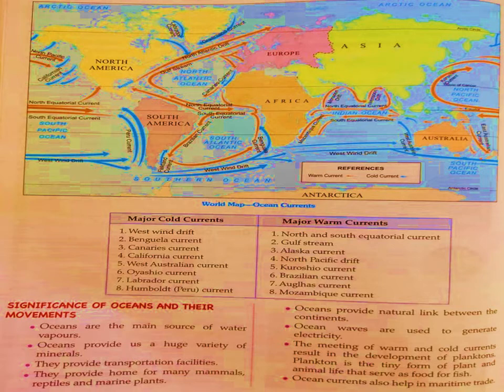You have a world map here of the ocean currents, and the blue lines are the cold currents, and the warm currents are indicated with orange color.